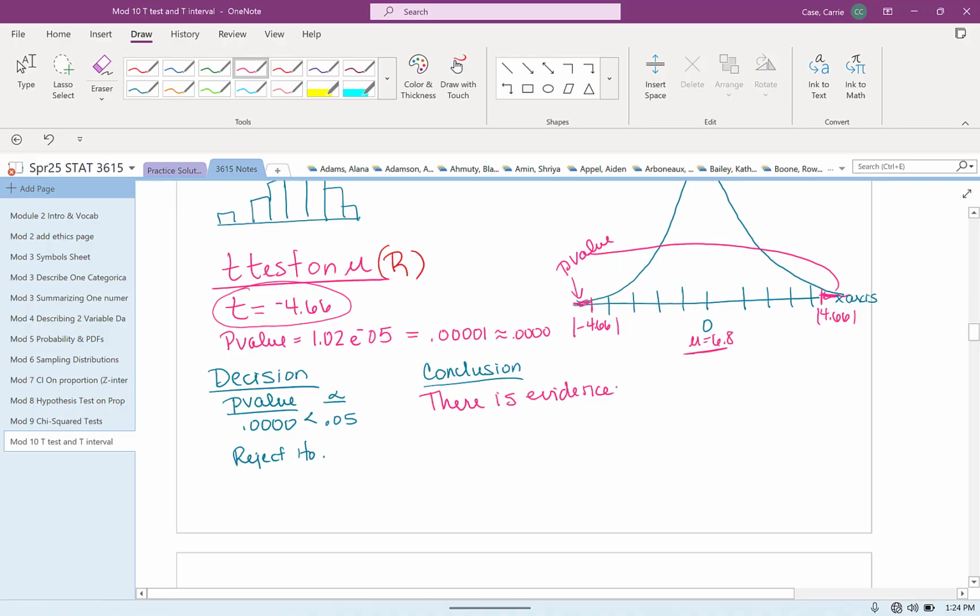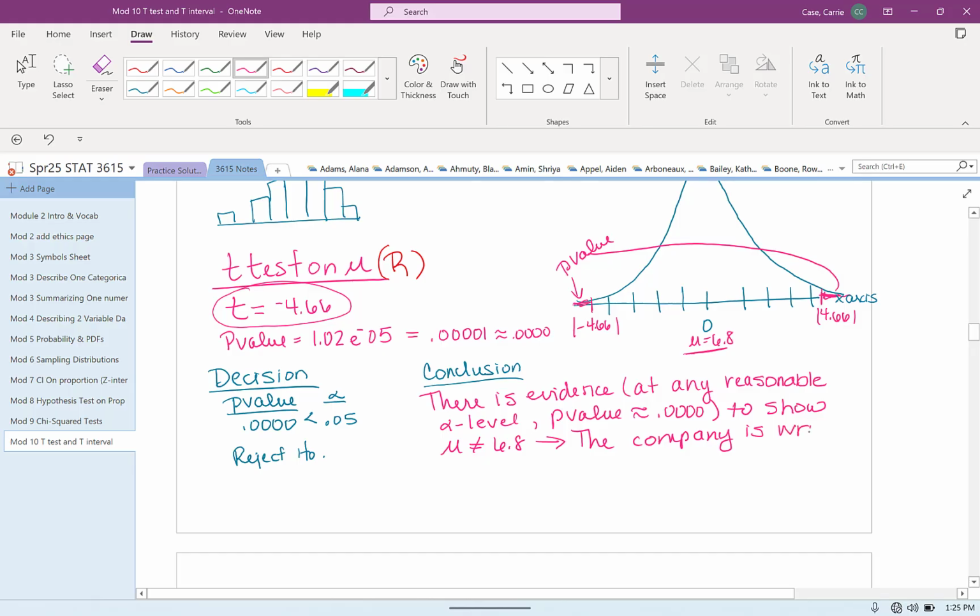And because our p-value is so small, I'm going to say at any reasonable alpha level, because our p-value is basically 0, to show that mu is not 6.8. And what that means is the company is wrong. And the river is unhealthy.